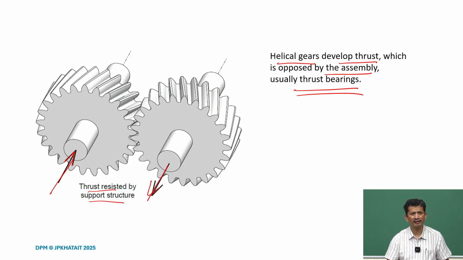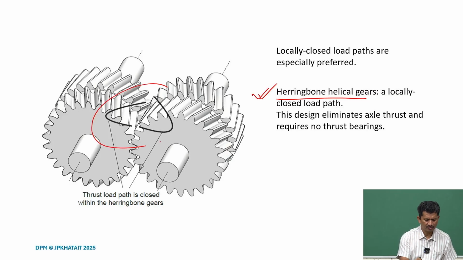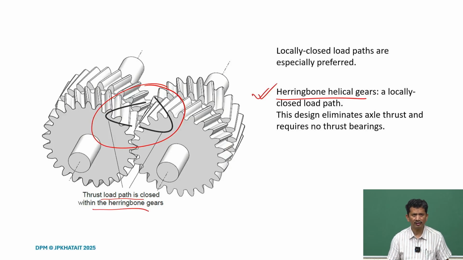How to mitigate that? There is another kind of design called herringbone helical gears. So, opposing gears, and what we see here is that it is getting mitigated locally. The thrust load is closed within the herringbone gears. One set develops it, the other set cancels it.